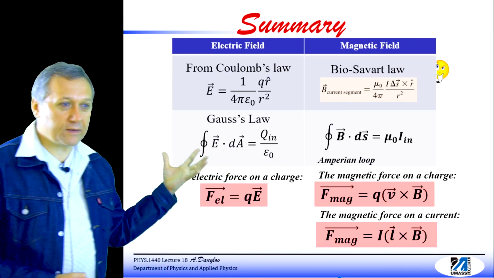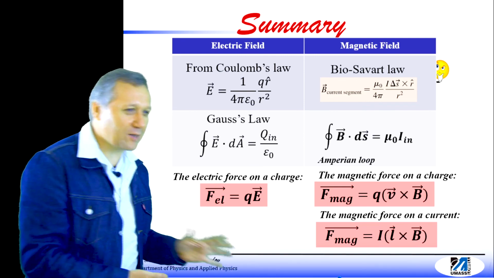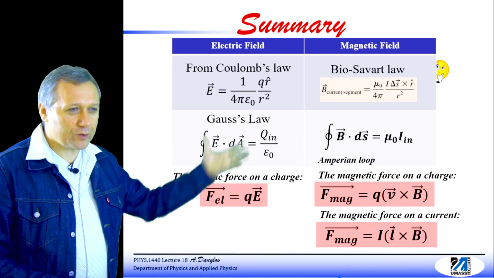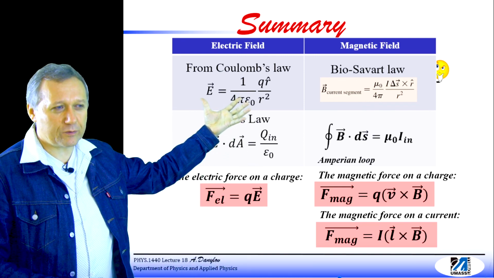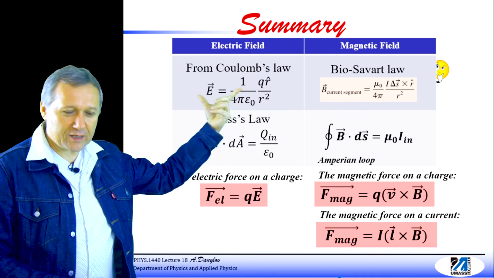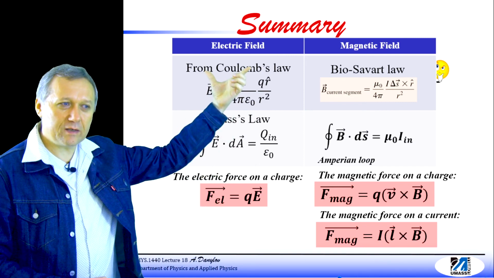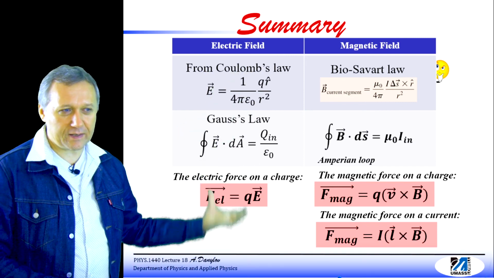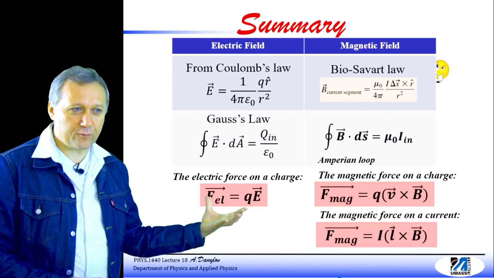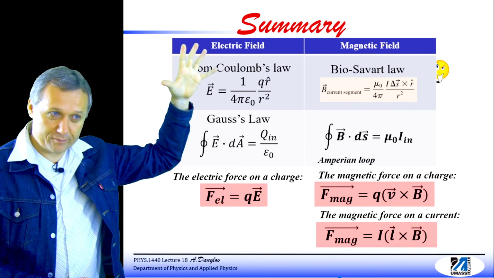Okay, so that's basically the foundation. I keep reminding about this foundation. So you see what we have as a foundation in the world of electricity. Coulomb's law with the probe charge that can be used to find electric field, Gauss's law to find electric field. So these are options of finding electric field. And then once we added electric force, this is the foundation in the world of electricity for now.